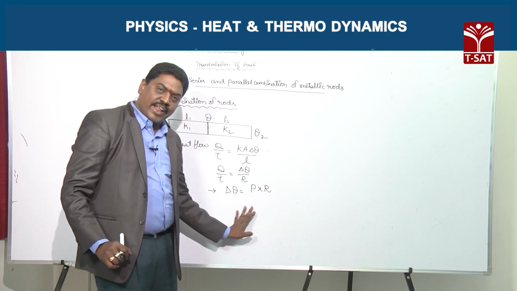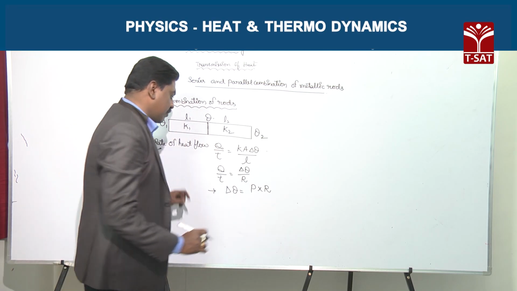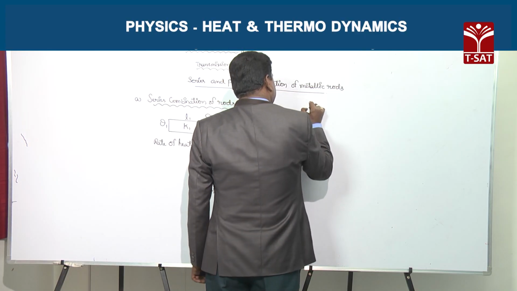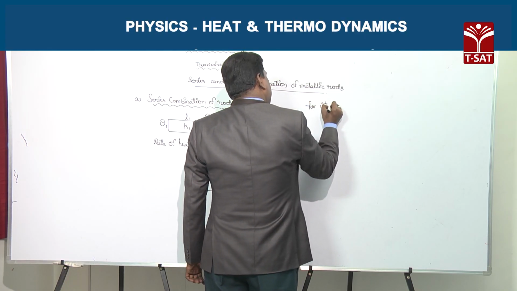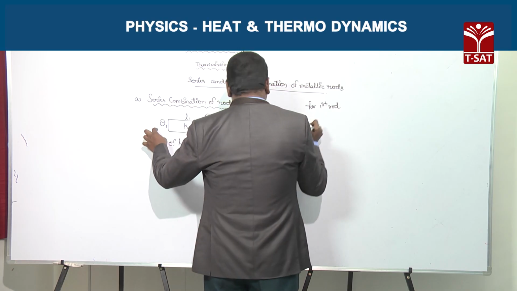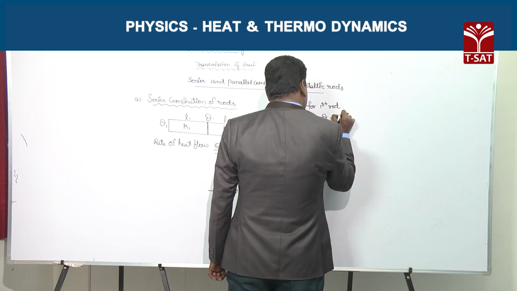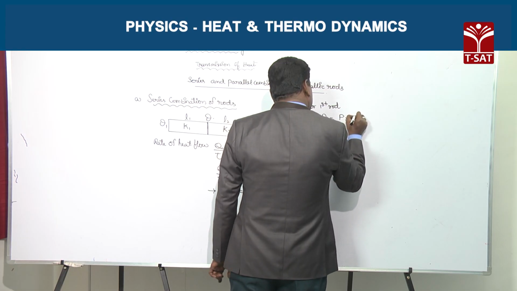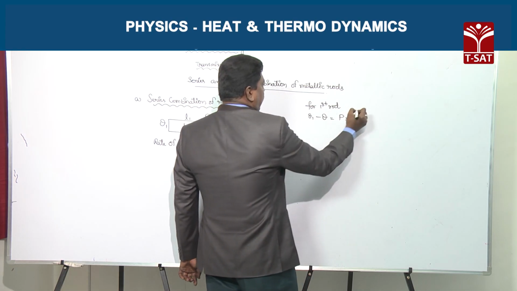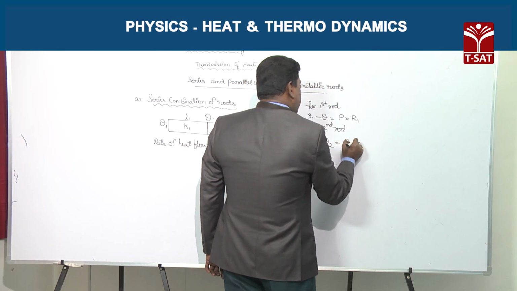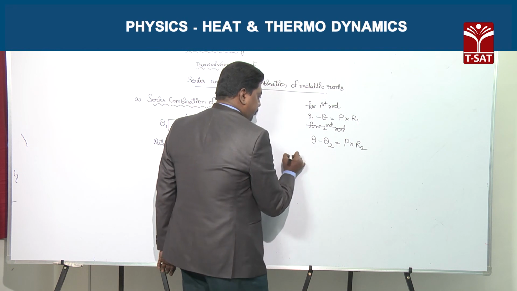Now, for the first rod, theta 1 minus theta is equal to power into R1. For the second rod, theta minus theta 2 is equal to power into R2.